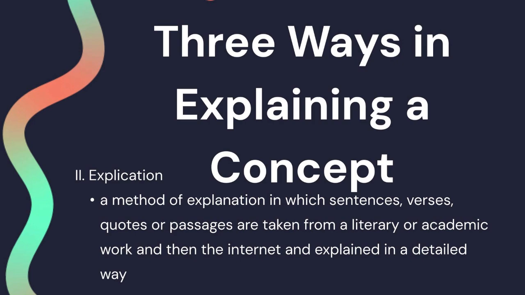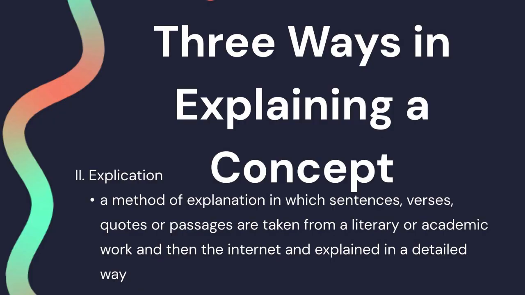Next, in order for you to explain your concept paper, you have to use explication, a method of explanation in which sentences, verses, quotes, or passages are taken from a literary or academic work and then explained in a detailed way.